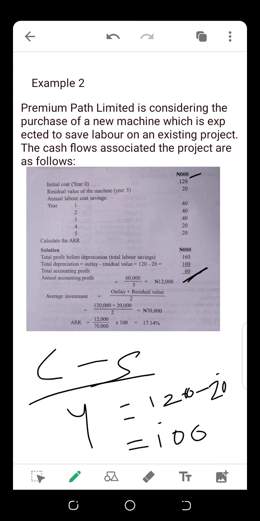Then our ARR will now be average annual profit, which is 12,000, divided by average investment, which is 70,000, times 100 over 1, we have 17.14%.